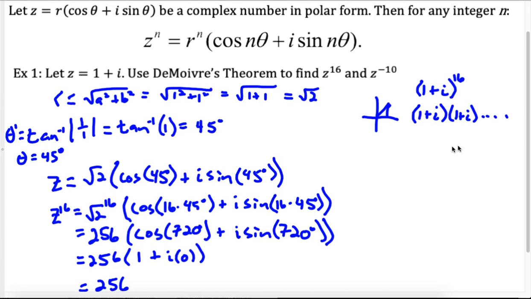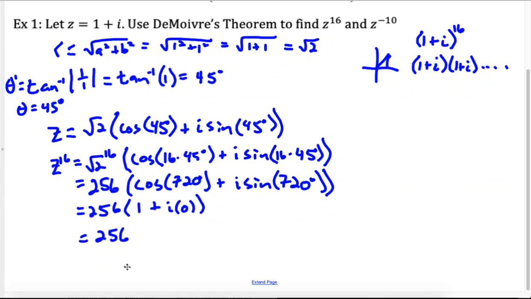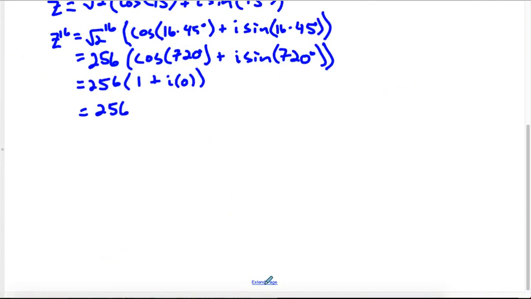That would be a horrible amount of work, but this gives us a nice shortcut. We just raised 1 plus i to the 16th power in just a few steps and found that it was 256. So let's do the same thing and find z to the negative 10th power.